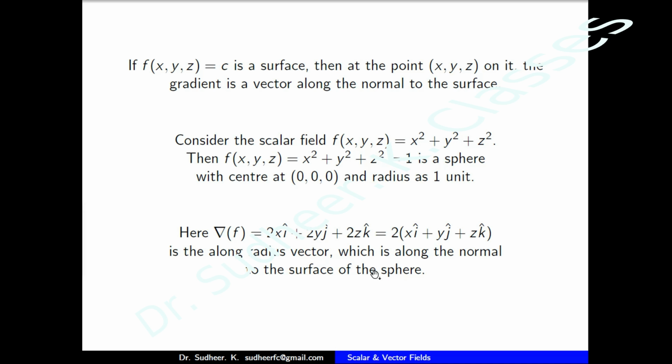So it will be along the normal direction to the surface of the sphere. So generally we can say, if f(x,y,z) equal to c is a surface, then at the point (x,y,z) on it, the gradient is a vector along the normal to the surface.